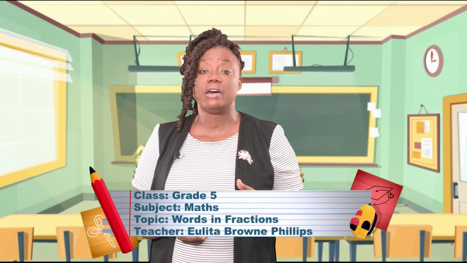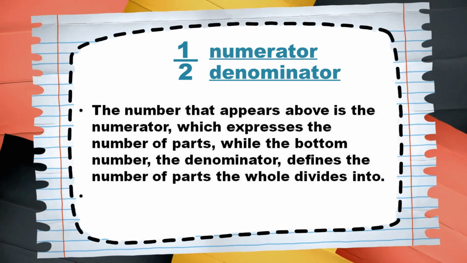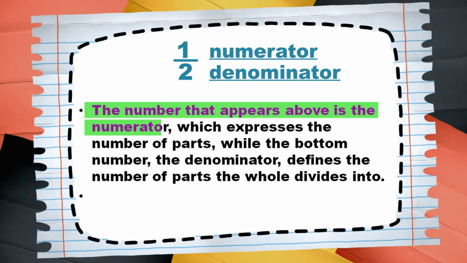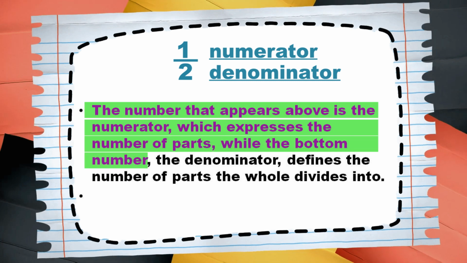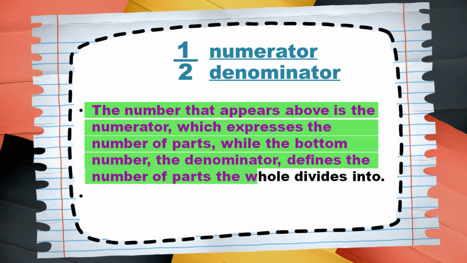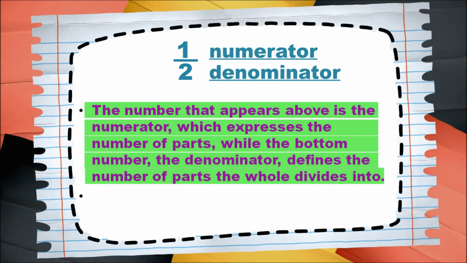Fractions consist of two numbers. The number that appears at the top is the numerator. It expresses the number of parts, and the number at the bottom, the denominator, defines the number of parts the whole divides into.